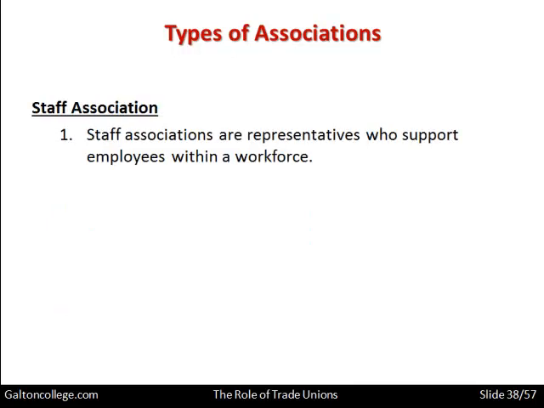I mentioned staff association earlier. Staff associations are representatives who support employees within a workforce. Sometimes employees have the trade union, but they may also have a staff association.